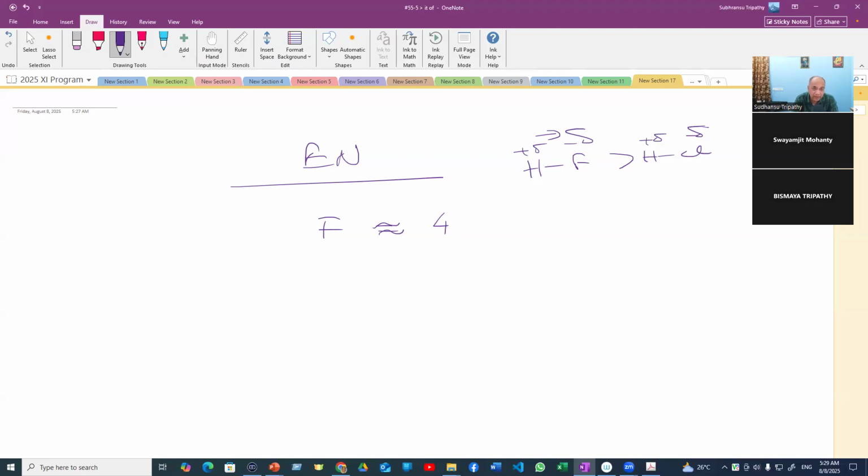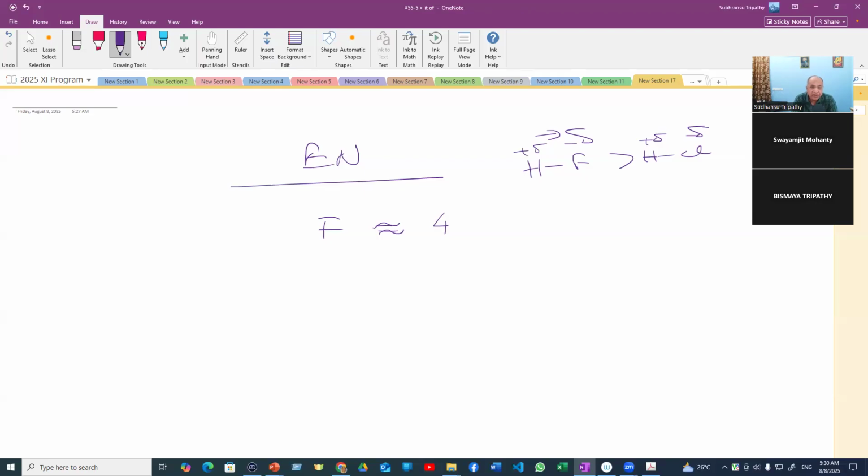As you find delta EN becoming smaller and smaller than 1.7, the difference decreases, and then you will find the bond becomes less and less polar, the ionic character becomes less and less, until the two are identical, or coincidentally their electronegativity values are the same.